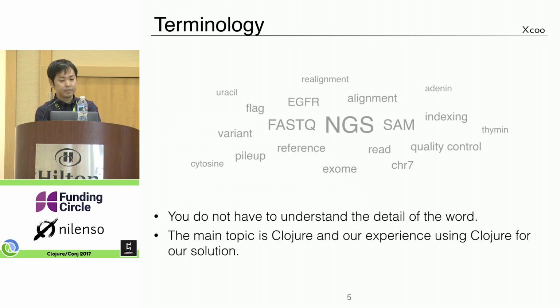So before starting the contents, I'd like to know how many people know somewhat about bioinformatics. Oh, so many, more than I expected. So some bioinformatics words will appear in my slides, but you don't have to understand the details of the words. The main topic is Clojure and our experience using Clojure for our solution.